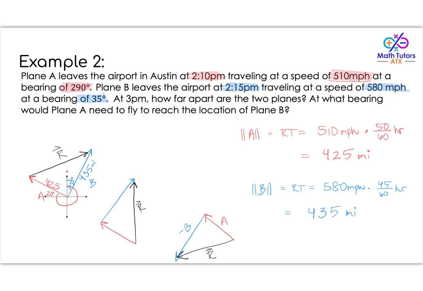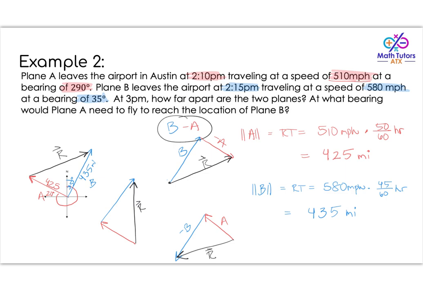So maybe the last one we try, instead of A minus B, let's try B minus A. So if I have B minus A, I start here, there's a lovely B, but instead of going off to the upper left, I'm going to go to the bottom right, the opposite direction of A, so this is minus A. And you can see here now that that resultant is the one that we want to go from plane A to plane B.